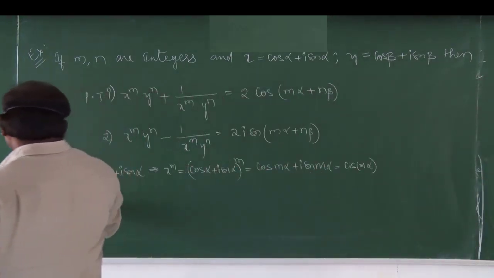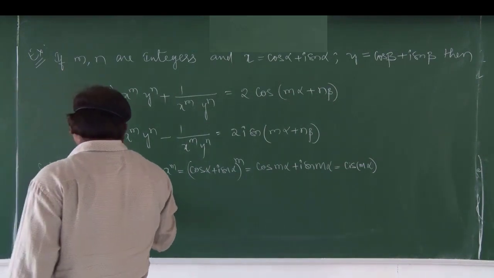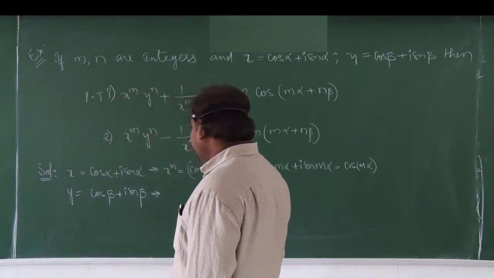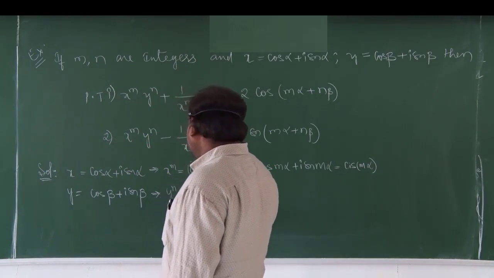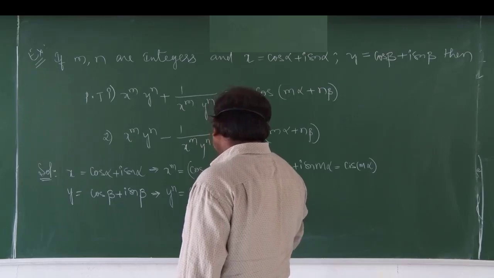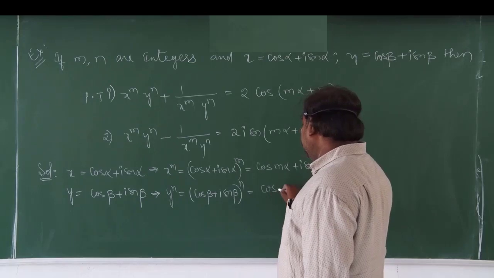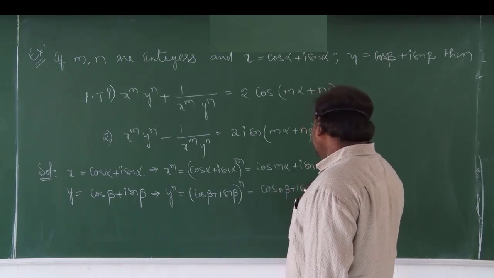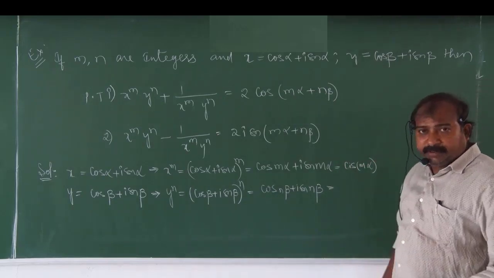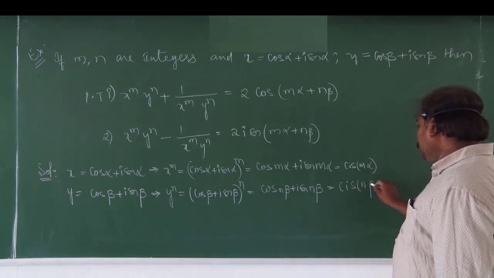What is the y value? They given y as cos beta plus i sin beta. Therefore y power n is cos beta plus i sin beta whole power n, which will be cos n beta plus i sin n beta, nothing but cis of n beta.